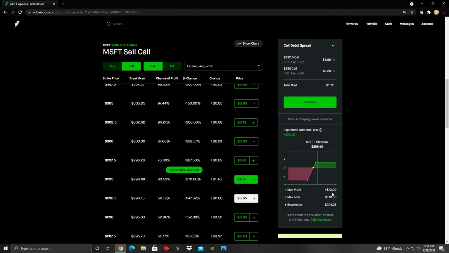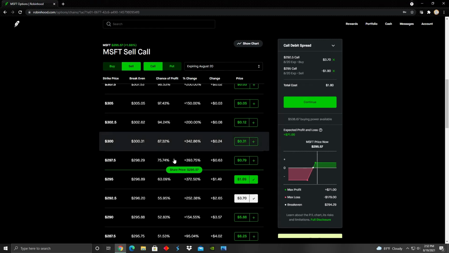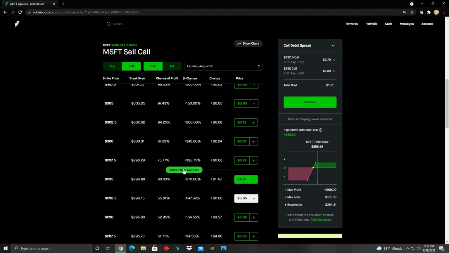So let's say that by August 20th, after 3 p.m. or 4 p.m., whenever the market is closing for your time zone, the share price is $295.54, just like it is now. Basically, your call debit spread would expire worthless, and you would just immediately receive the max profit because the share price is higher than the strike price for the call option that you sold.